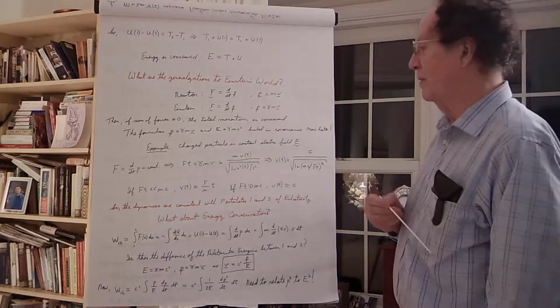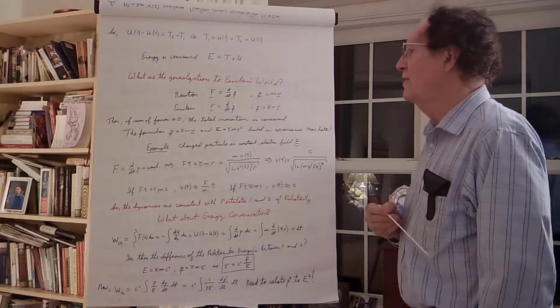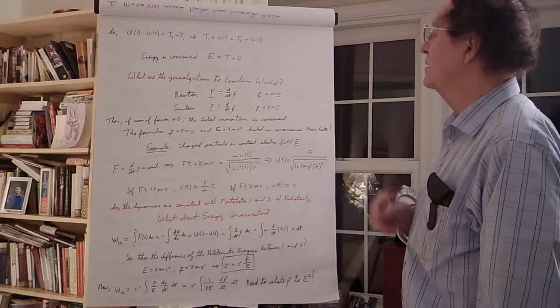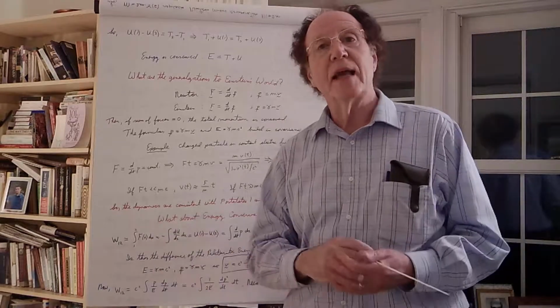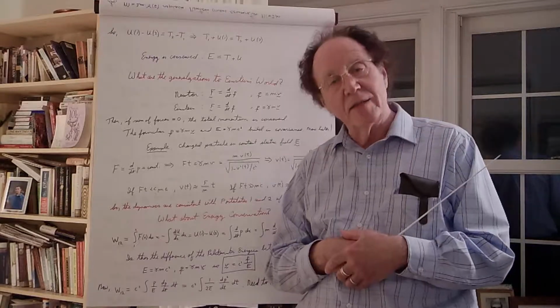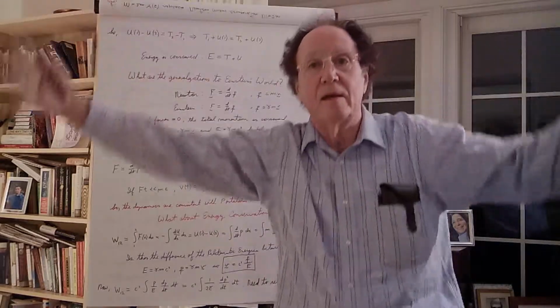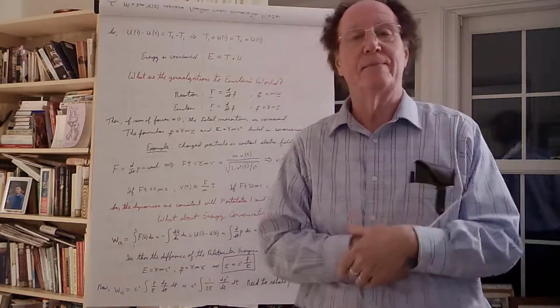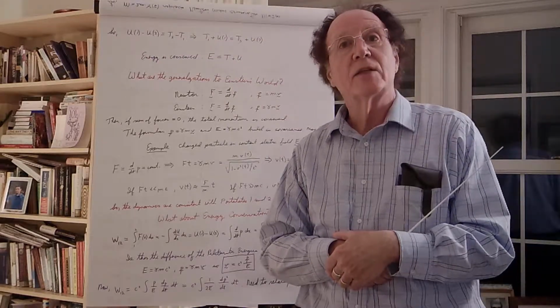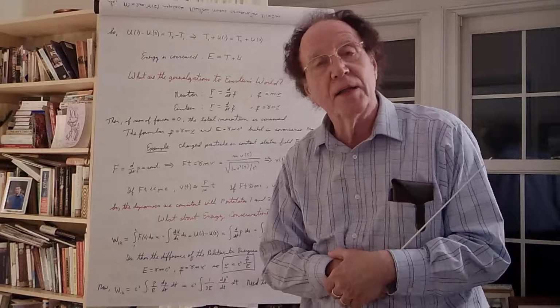Let's take an example, just to get used to this equation of motion in Einstein's world. In this case, I take a very large capacitor, 2 plates over here, and there's a constant electric field between them. I put a charged particle in there.